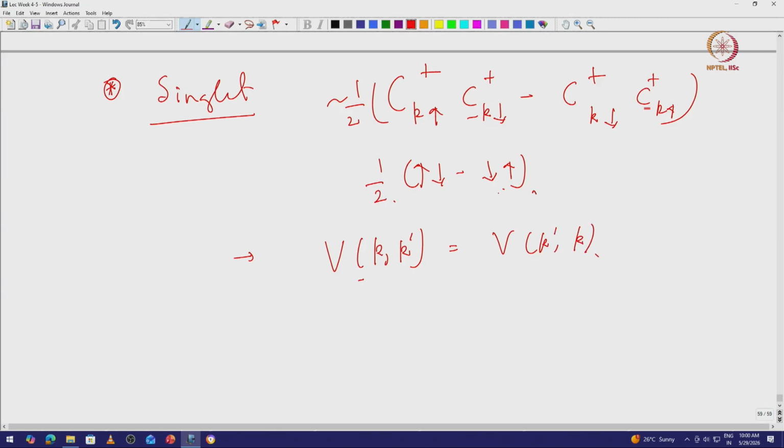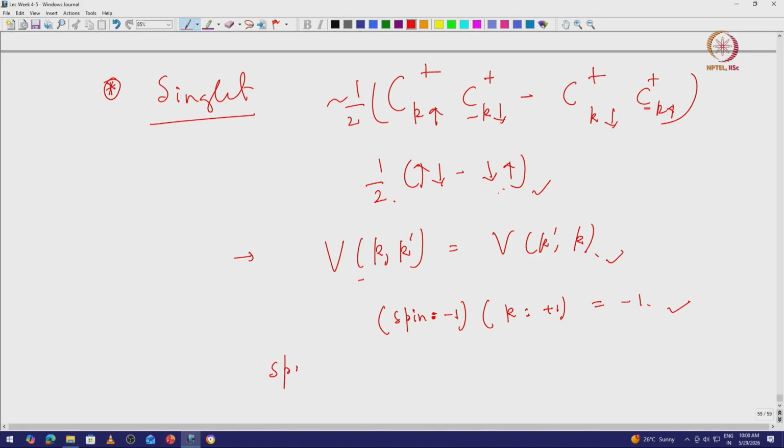So this is antisymmetric, this is symmetric. So let me put it: the spin part is -1, antisymmetric, and the momentum part is symmetric, so the total is -1.